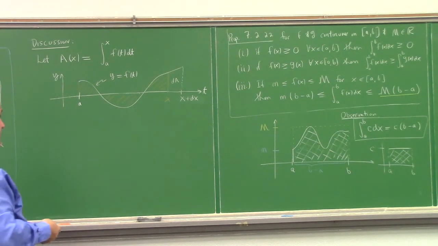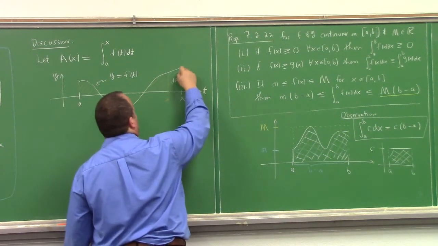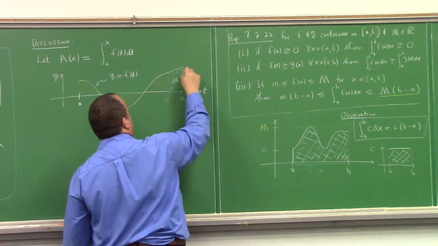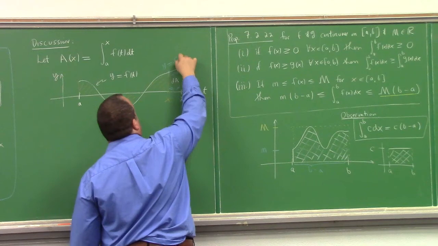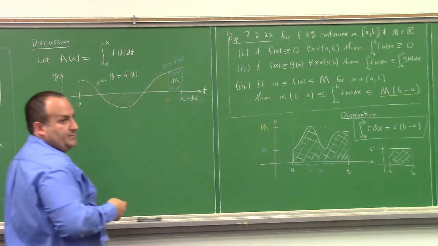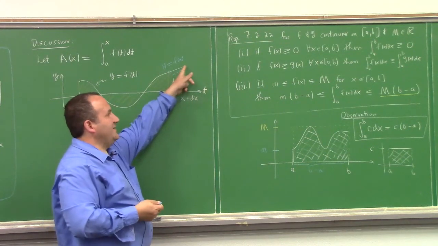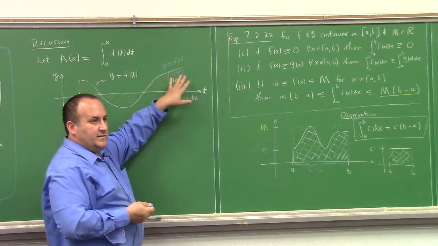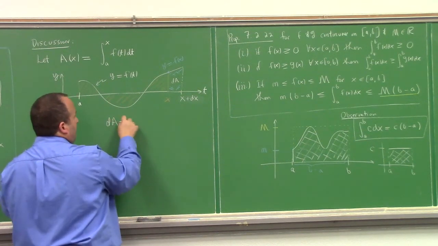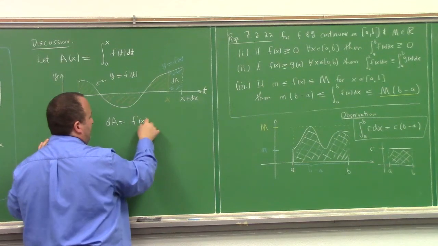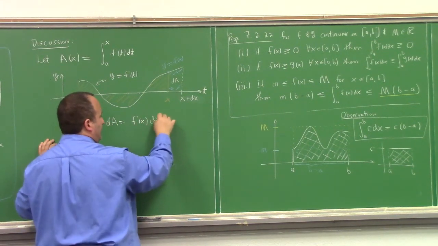So you guys tell me, what's the formula for dA here? This height right here is f(x), right? And since this is an infinitesimal, really tiny, this height and that height are almost the same despite my picture. So dA is straight up f(x), that's the height, times the width from x to x plus dx, which is dx, right?